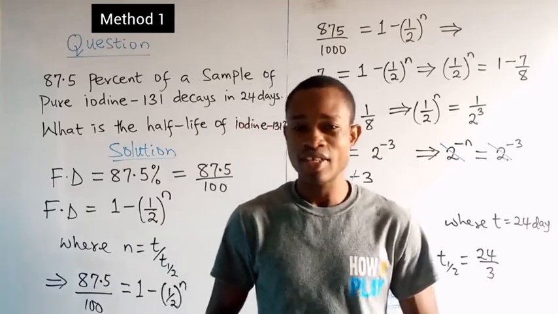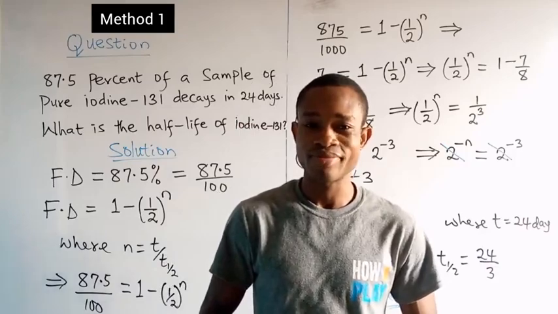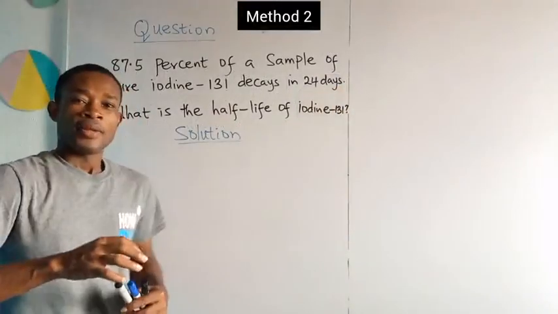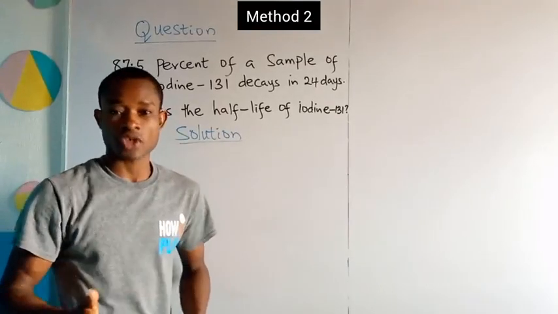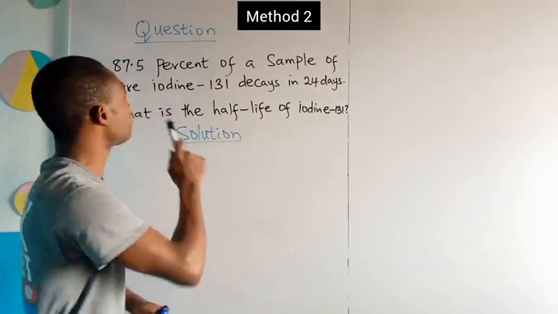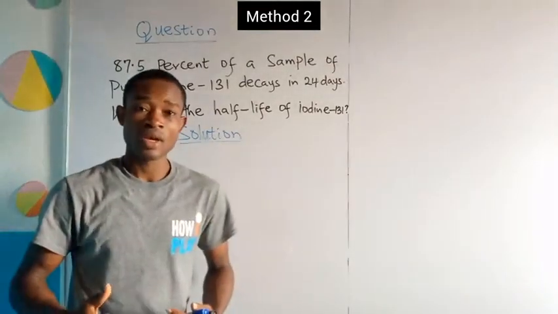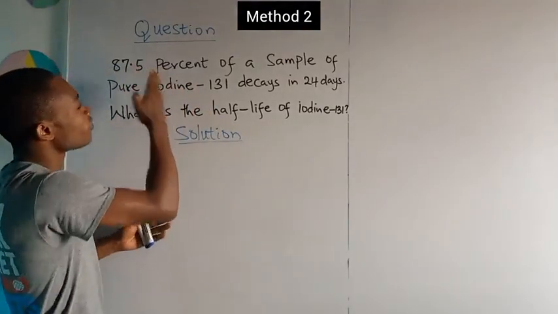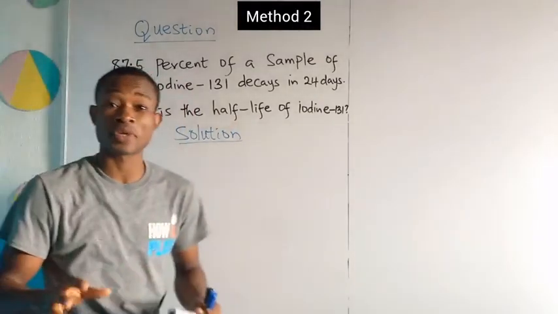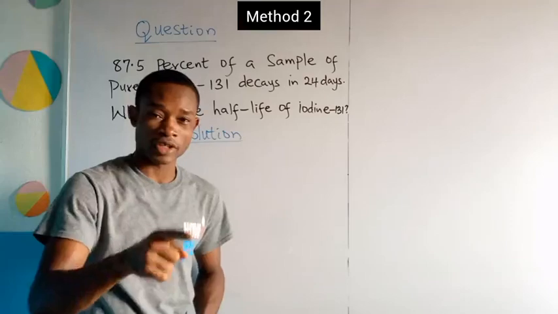Watch out as I deal with method 2. In method 2, we are going to make use of the fraction left, or the fraction remaining after this 87.5% has decayed. Remember that we are told that 87.5% of a sample of pure iodine 131 decays in 24 days.